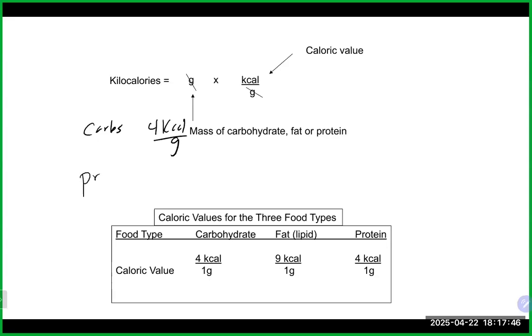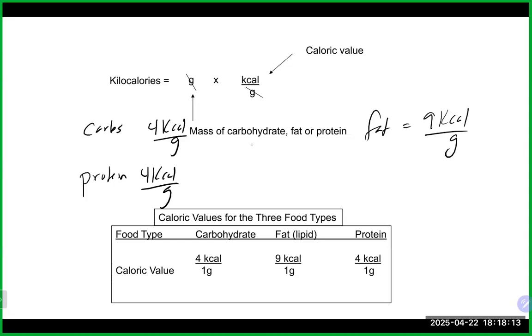Protein is also 4 kilocalories per gram, and fat is 9 kilocalories per gram. So that is how they, for example, calculate what's on your nutrition labels of all your food items, right? If you look at a nutrition label, it'll tell you how many grams of carbs there are, how many grams of protein, how many grams of fat, and you can actually just multiply each of these by that.